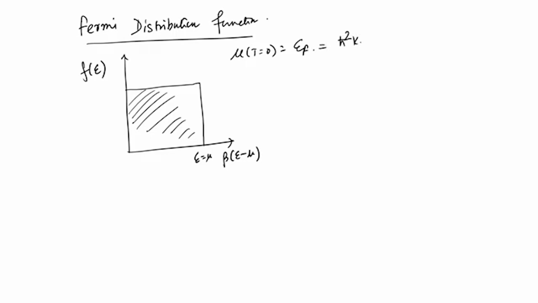One can relate it to h-bar squared k_F squared over 2m, where k_F is called the Fermi wave vector. And what is a Fermi wave vector?